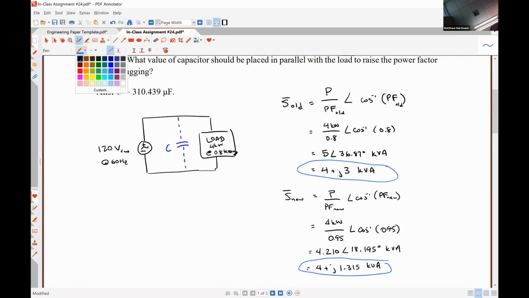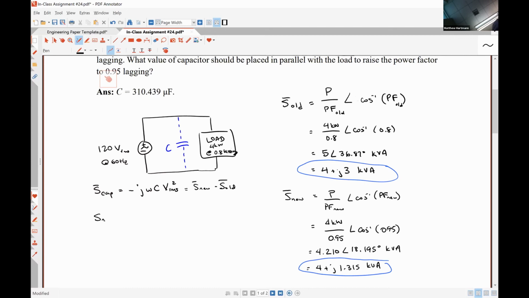Well, complex power absorbed by our capacitor is going to be negative j omega C times VRMS squared, where VRMS is the magnitude of the voltage drop over the capacitor. And this is also going to be equal to S new minus S old.